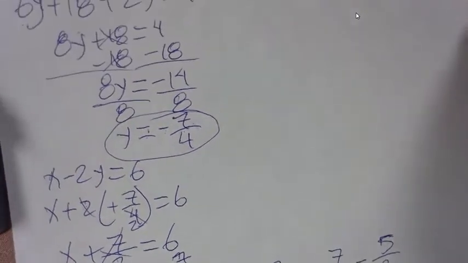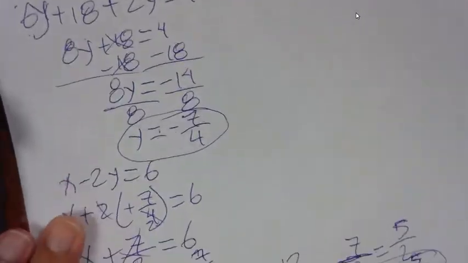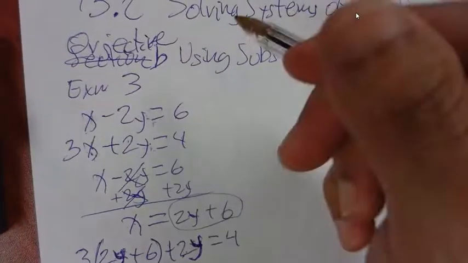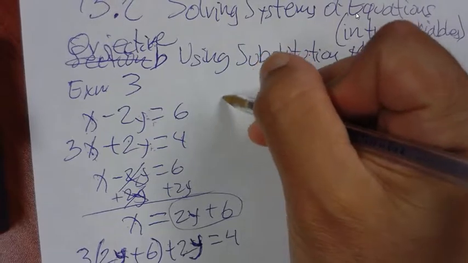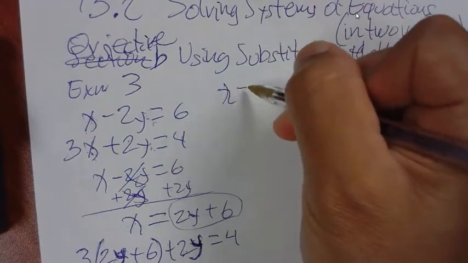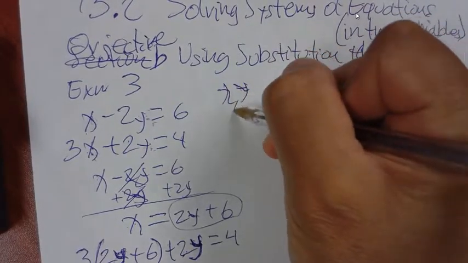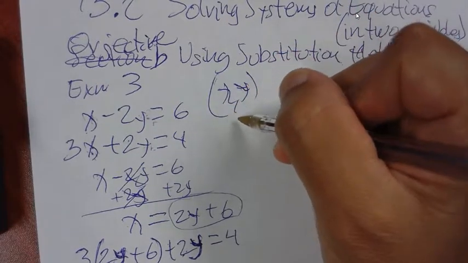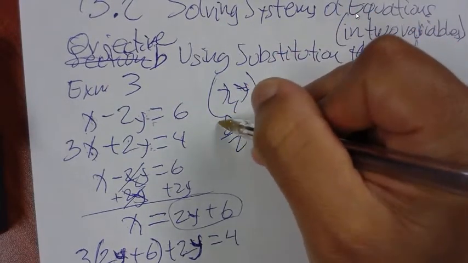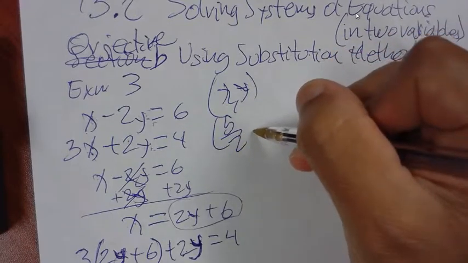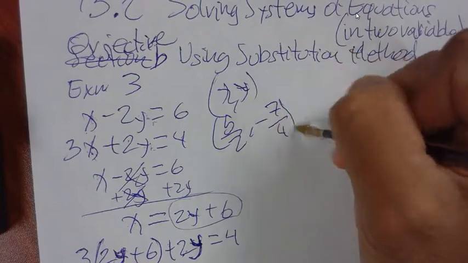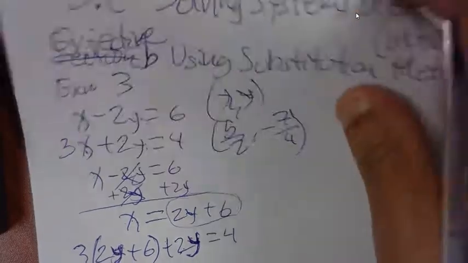So I'm just going to rewrite that x value and y value up here as an ordered pair. x and y, x was 5 over 2. And my y value was negative 7 over 4. And yeah, sometimes you're going to get fractions as the answer.